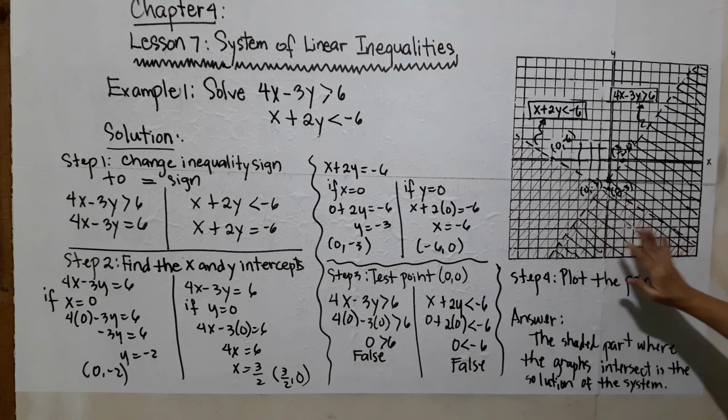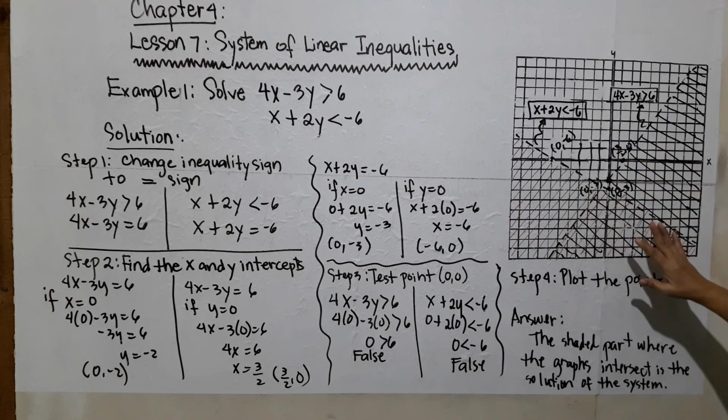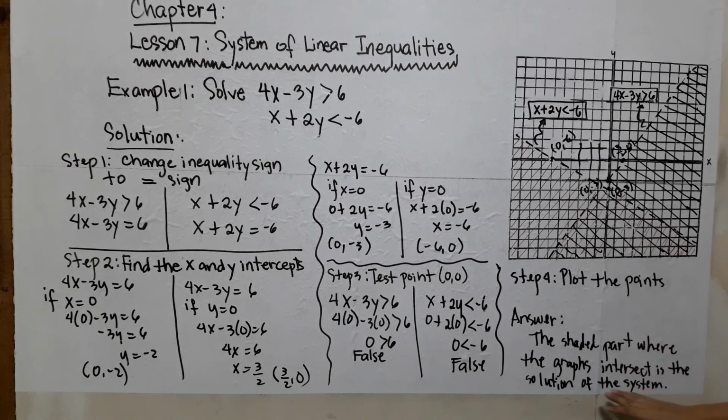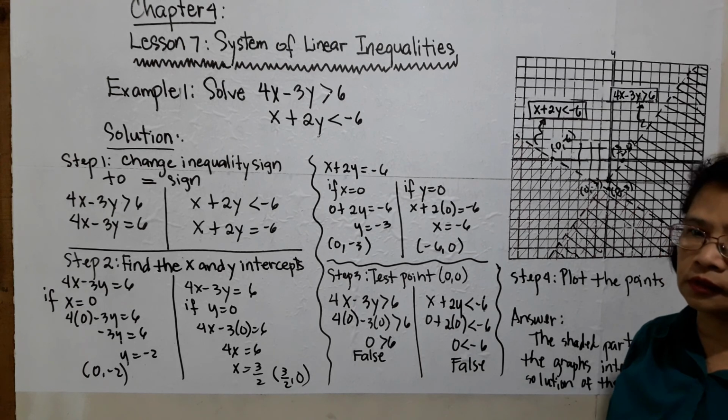The points where the two inequalities intersect will be the solution of the given system: 4x minus 3y is greater than 6 and x plus 2y is less than negative 6.